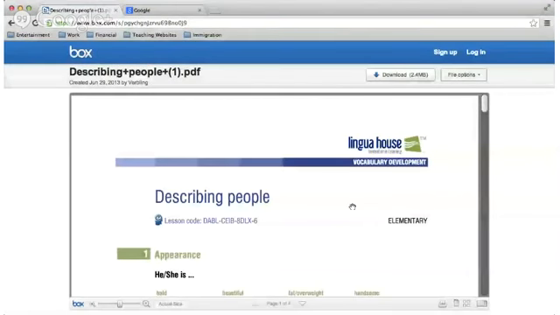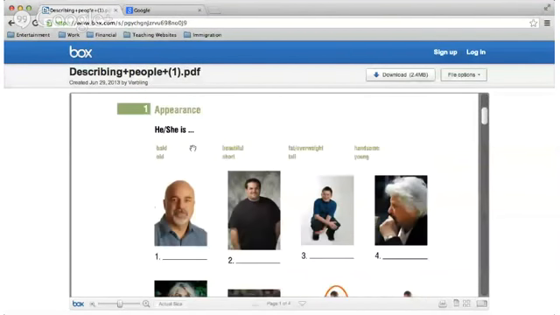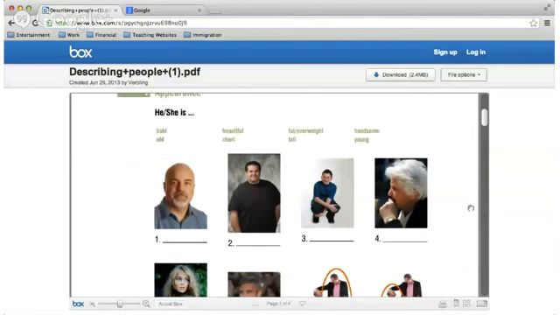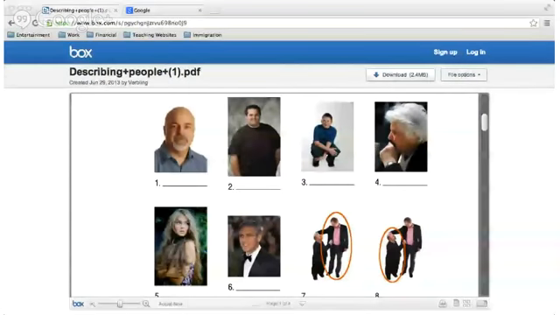Okay, so describing people. All right, so we have 8 words that we're going to go over right now, and we want to match them up with the picture. All right, so let's go through these here.